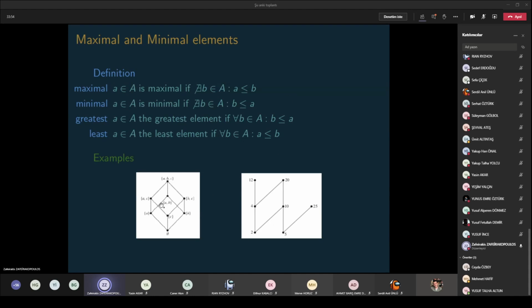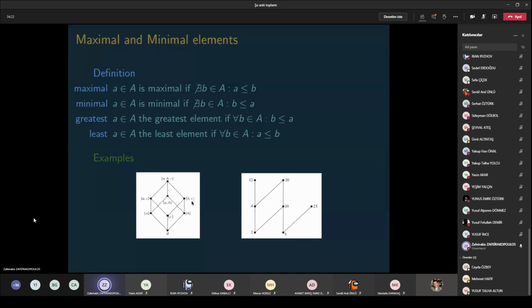Here, for example, who can tell me what poset is this? Which poset is this? Is it subset? It is a subset of the set ABC, right? Yes. And the relation is subset inclusion.